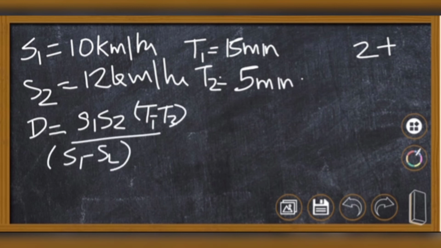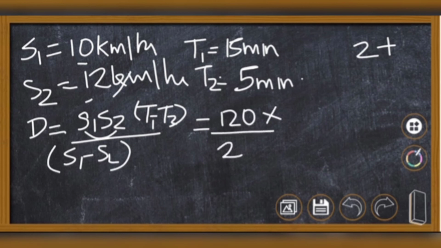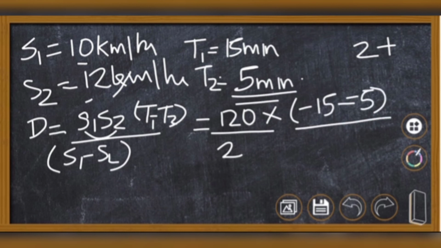Okay, so 10 into 12 becomes 120 divided by 10 minus 12, it becomes 2, and T1 minus T2 becomes 15 minus minus 5. It's late now, 5 minutes late, so minus 5. So it becomes 10.